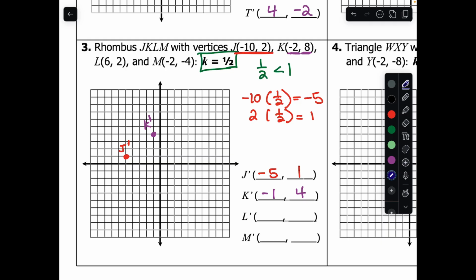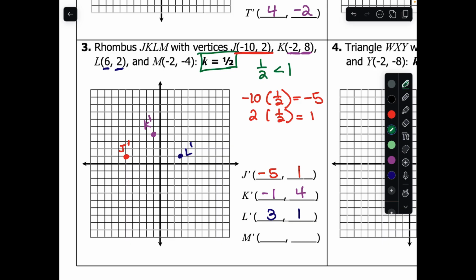And then L is 6, 2, so we do 6 times 1/2 to get us 3. 2 times 1/2 is 1. So now we're right 3, 1, 2, 3, and then up 1. L prime here. Let me erase these lines.